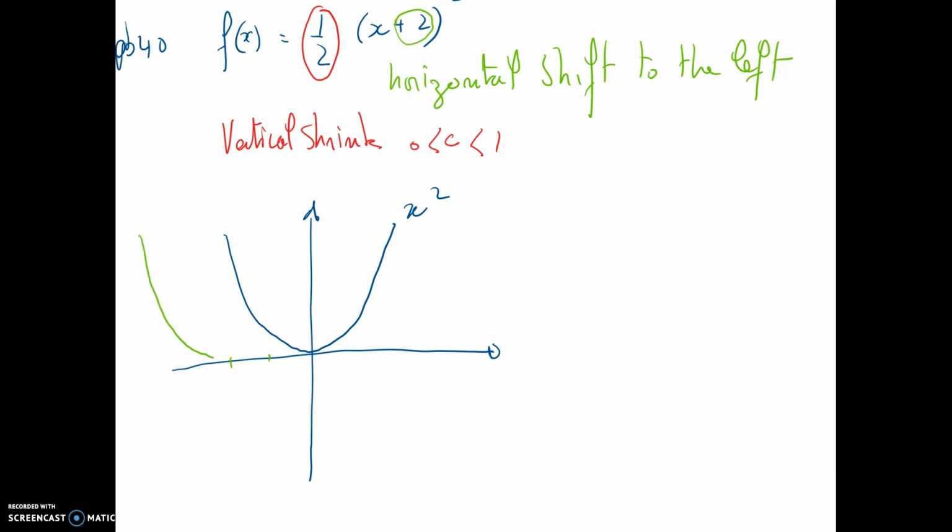And then I end up having right here the function x plus 2 squared. But because now I need to have a vertical shrink, I am going to get something like this, and this is the function f of x.